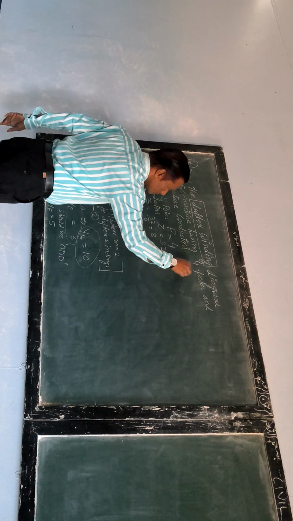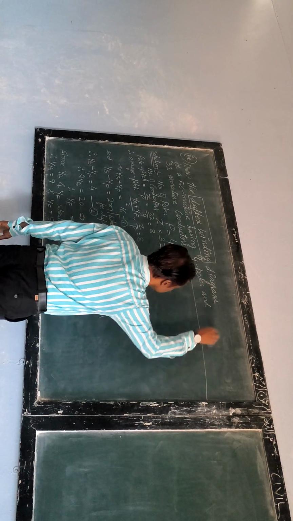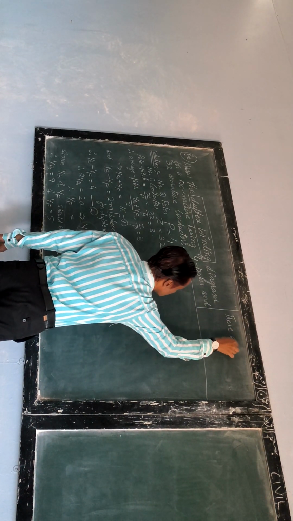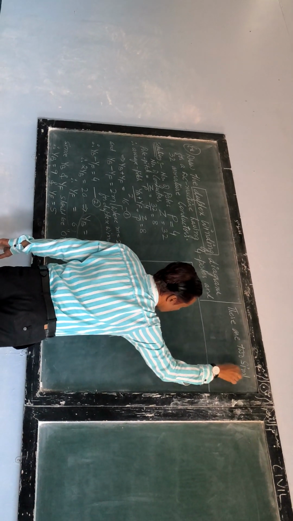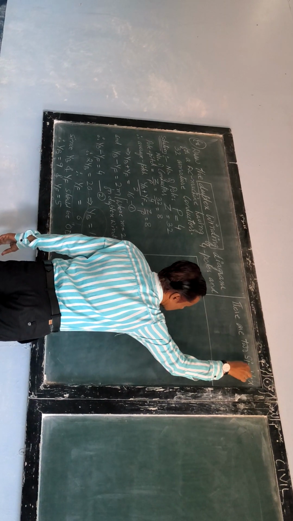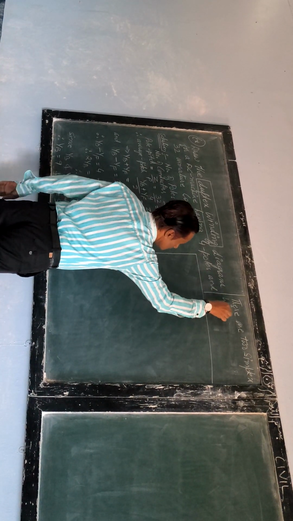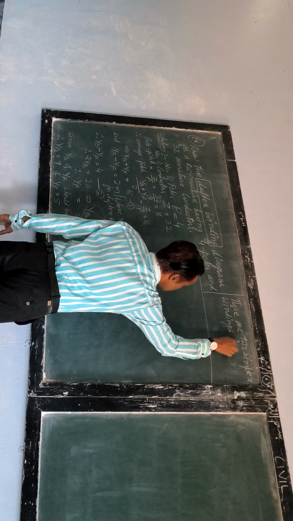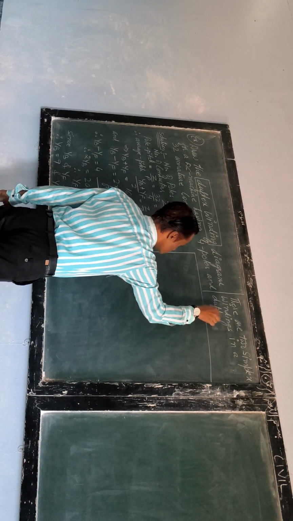So here we have to write one sentence: there are 2 simplex windings in a duplex winding.